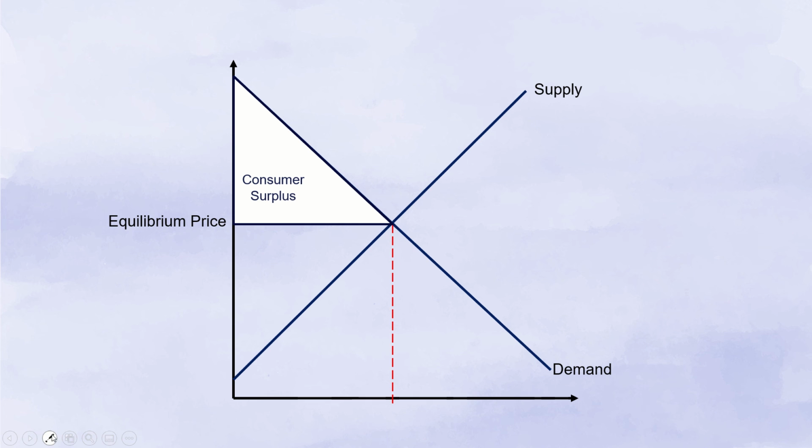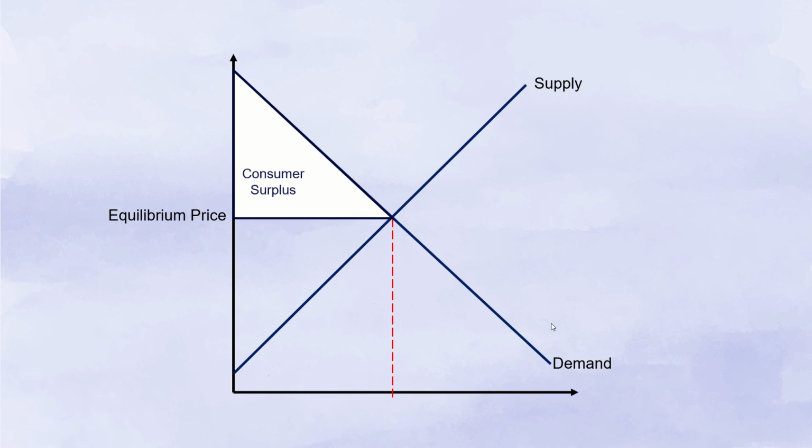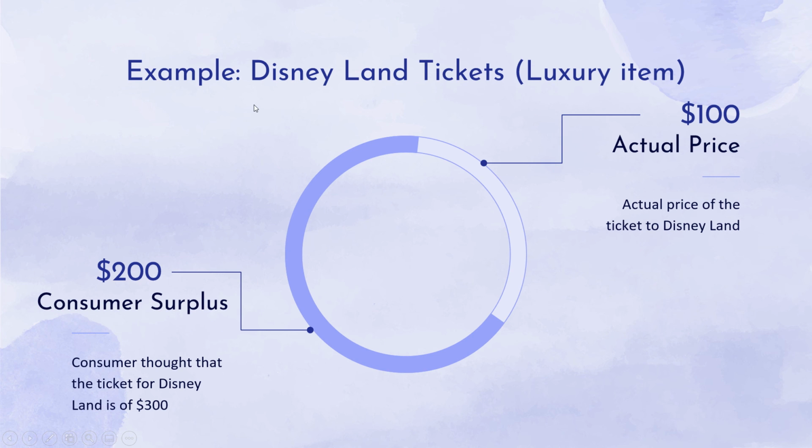Let's look at a particular example now. Say it's a Disneyland ticket, a luxury item. The actual price of the ticket is $100, whereas the consumer thought the ticket was worth $300.